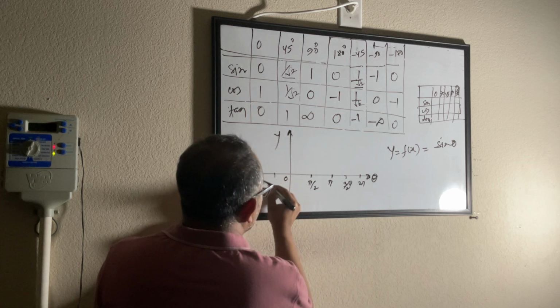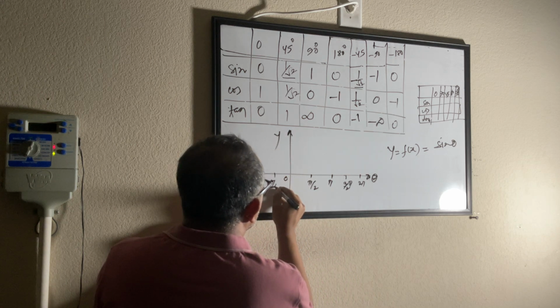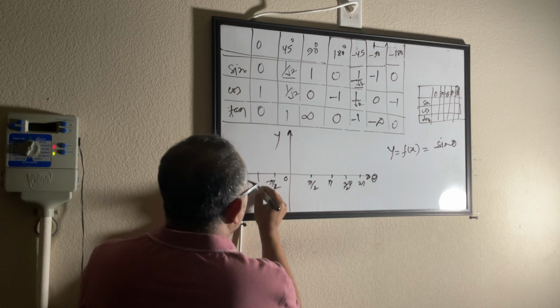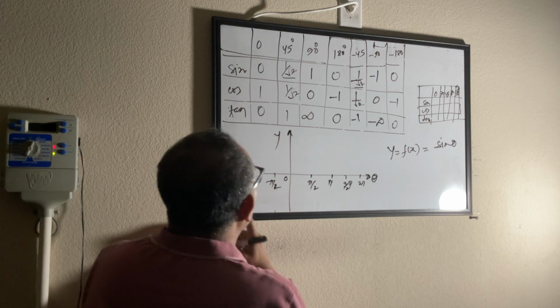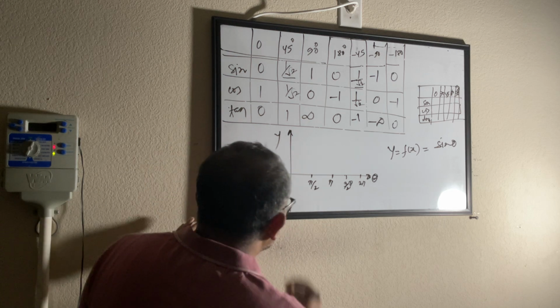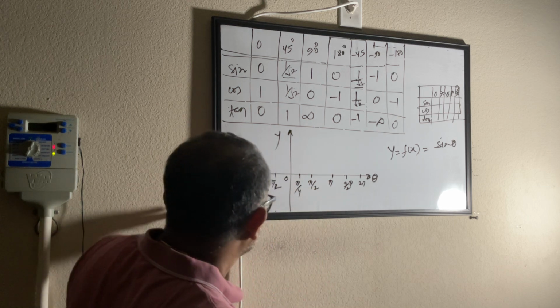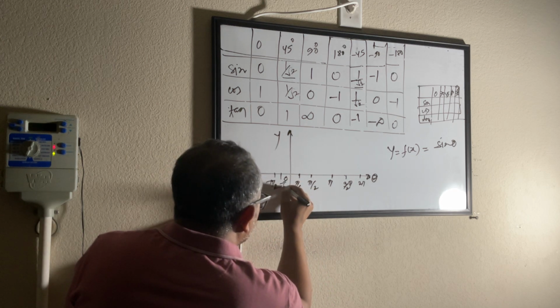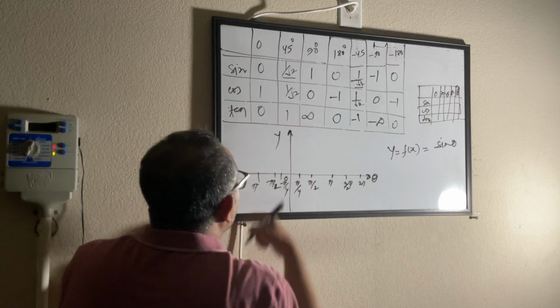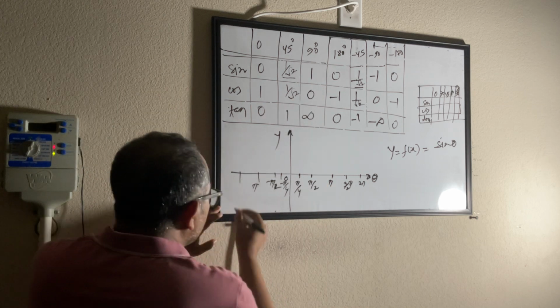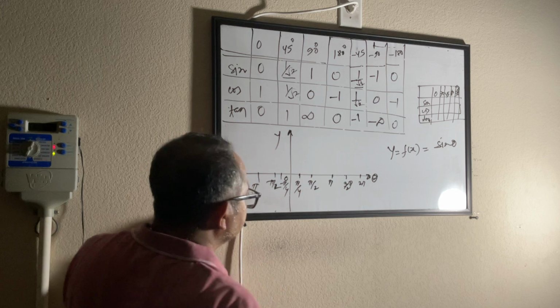Let's go here, minus pi by 2, then minus pi, let's put pi by 4 also, and minus pi by 4 also, because we have calculated that, right? So we'll use that, pi, 2 pi.